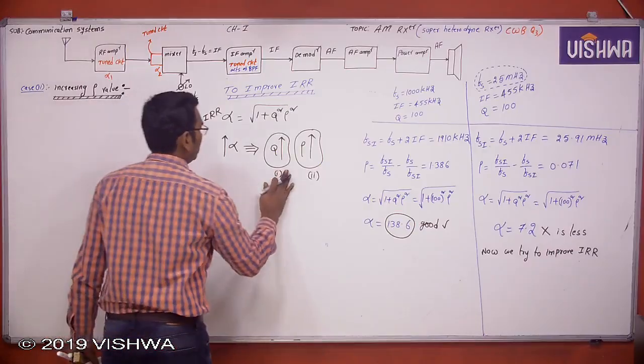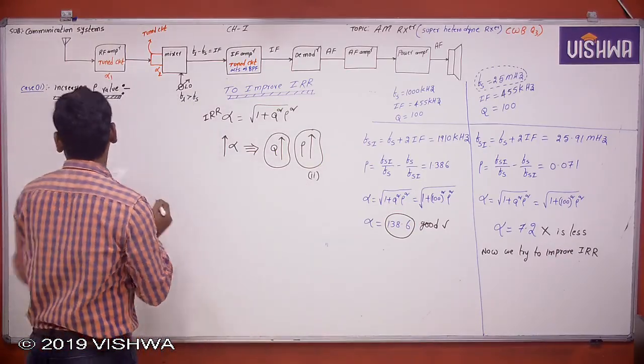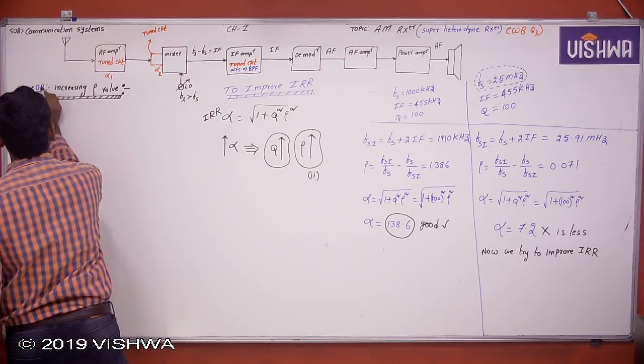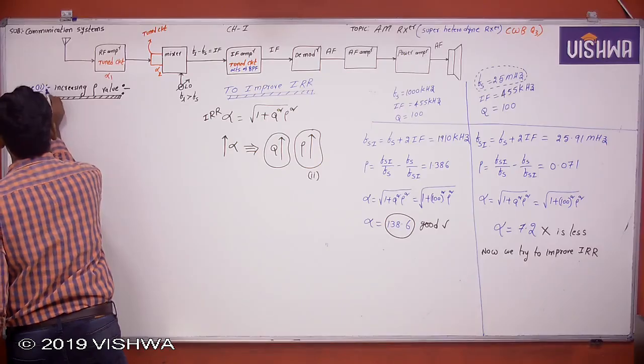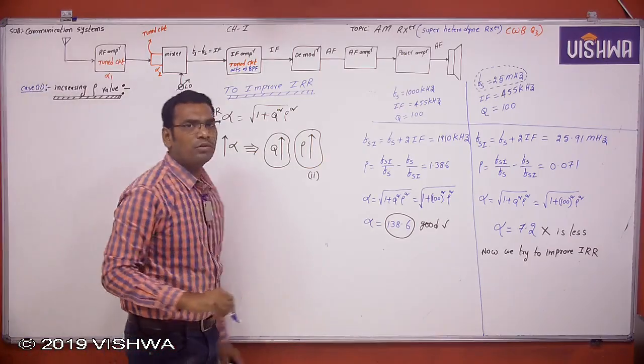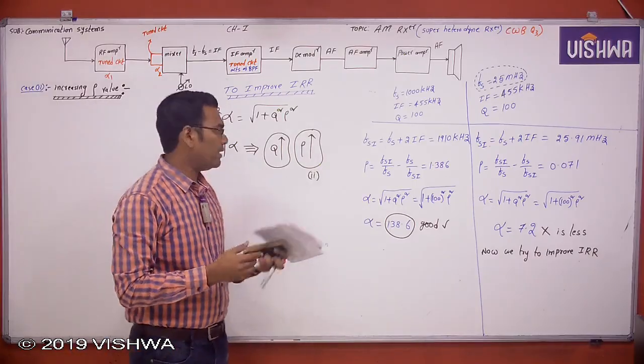Now this rho value is increasing. Now how to increase the rho value? So this is a constant, but how to increase the rho value?